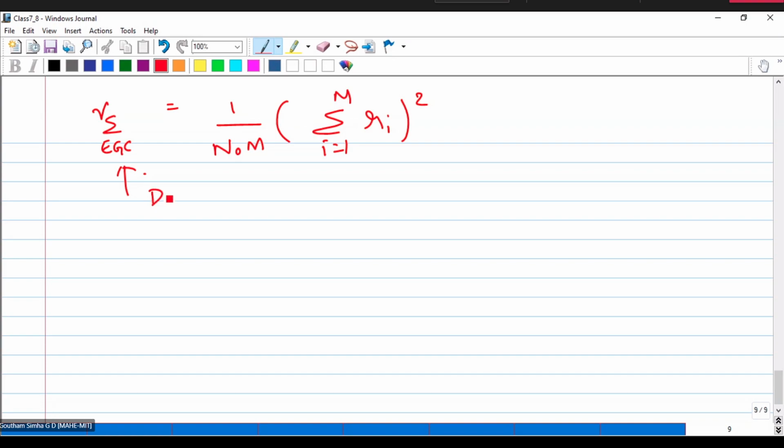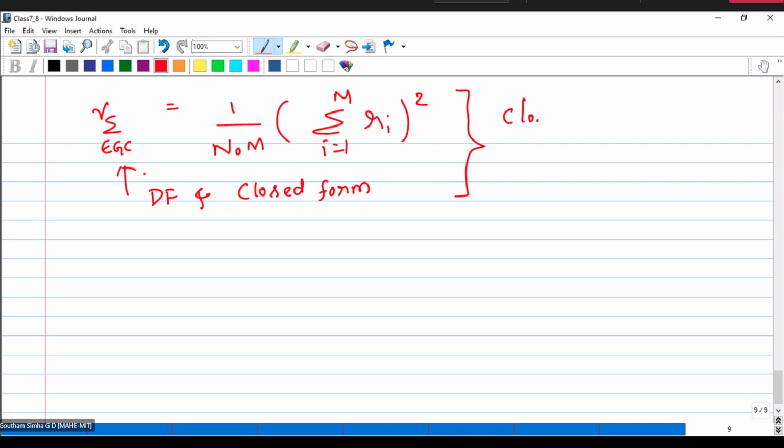If you want to find the closed form by using MGF approach or whatever approach, you don't get it, because it will vary. It depends on so many factors. Now, distribution and CDF of this gamma sigma EGC will not exist in the closed form.